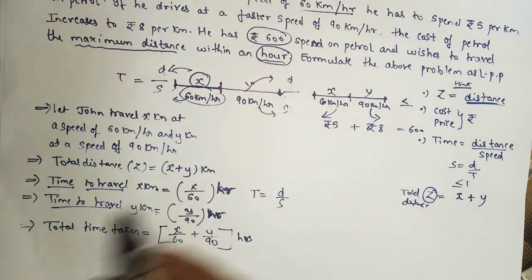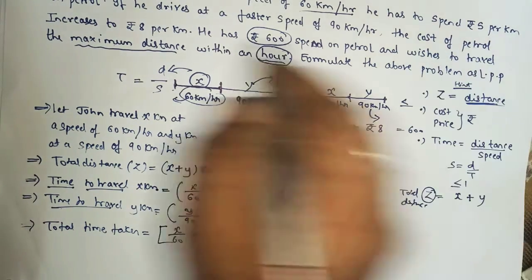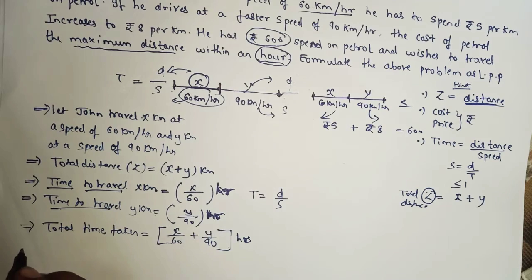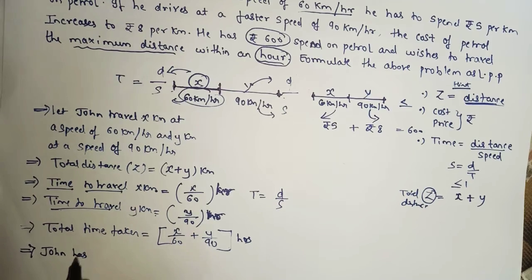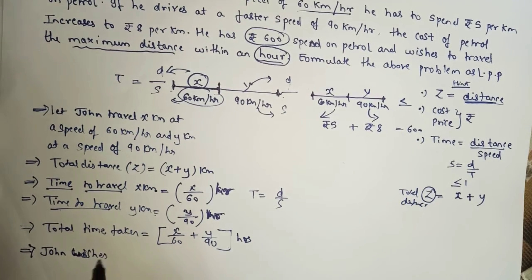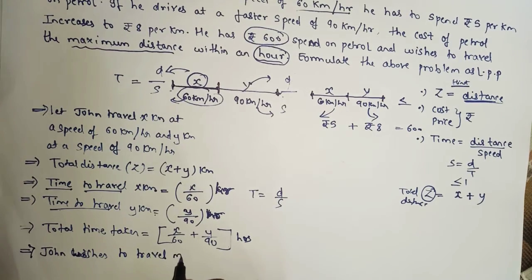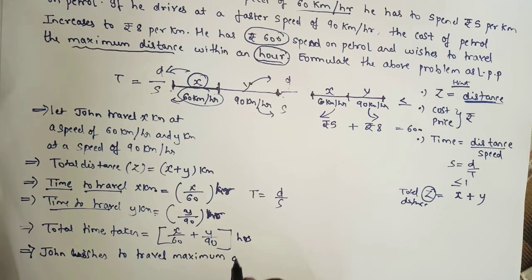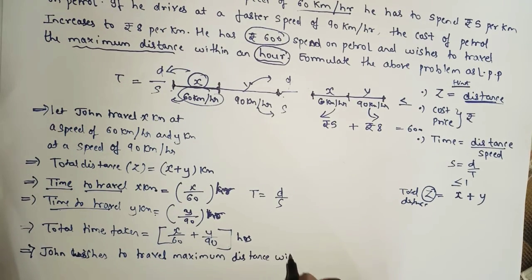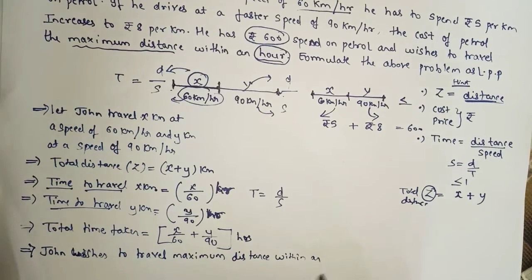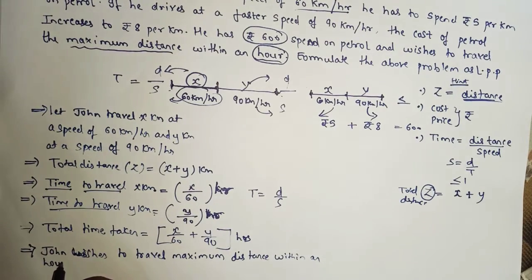After that it says that he wishes to travel a maximum distance within an hour. So we'll write here, John wishes to travel maximum distance within an hour.